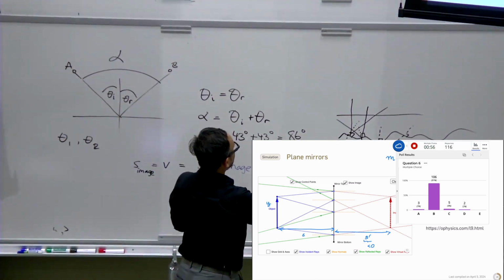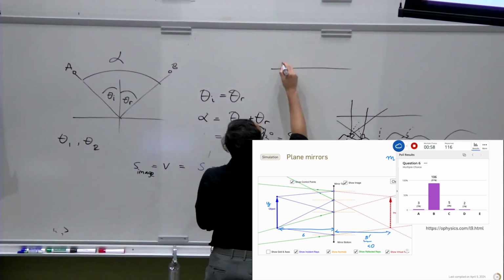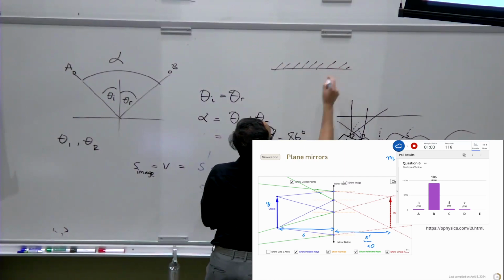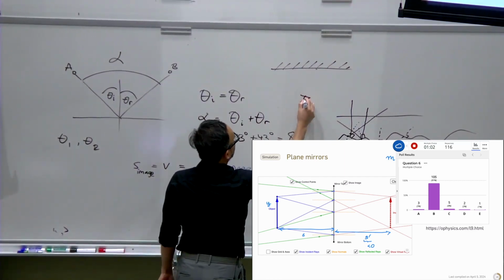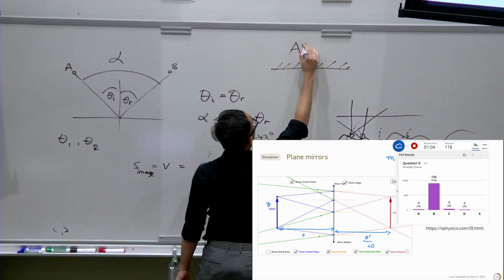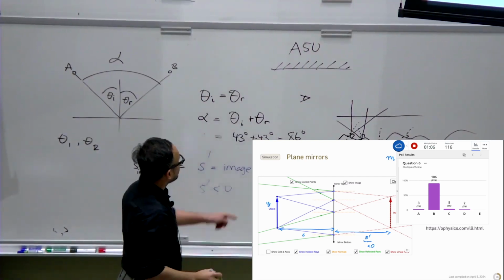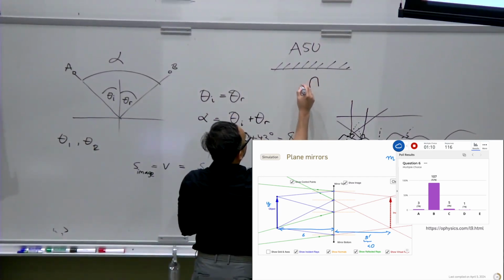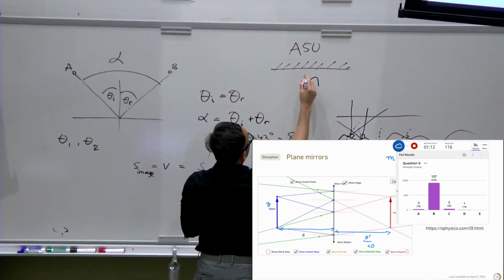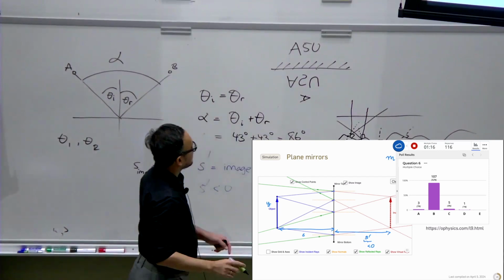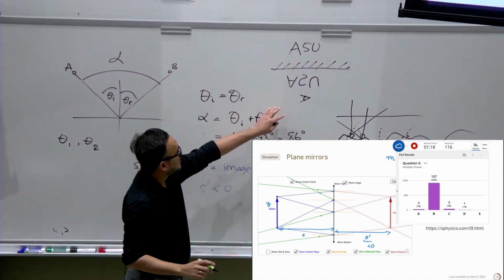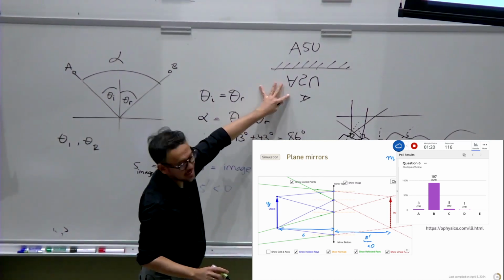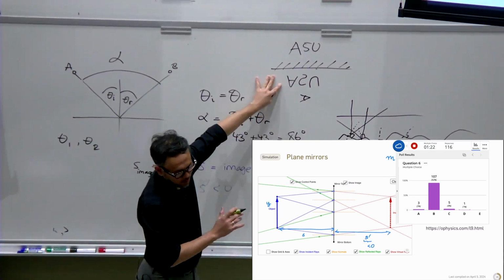So maybe a little bit of drawing is helpful. So let's say if you want the driver to read ASU, then the object needs to look like this, right? How to do this? And this is again not a perfect drawing because our world is 3D.